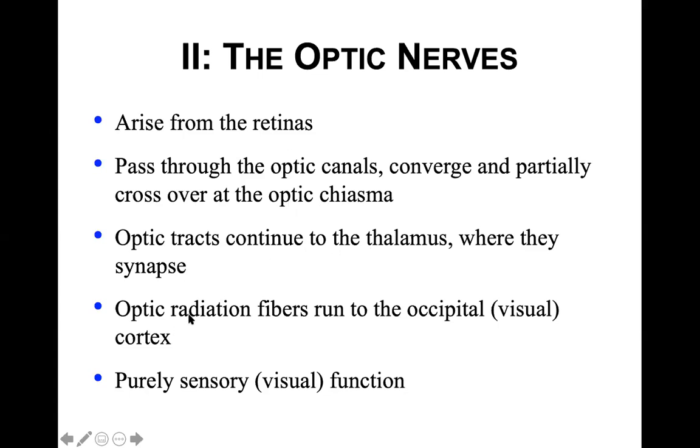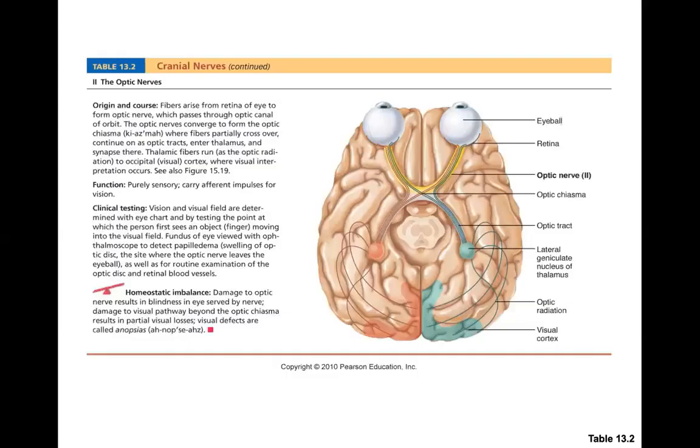And then it will be sent to the occipital visual cortex. This is also a purely sensory nerve involved in vision. And you can see here, retinas of the eye are all around here. The nerves come, this is the optic chiasm, and then they go to the occipital lobe.